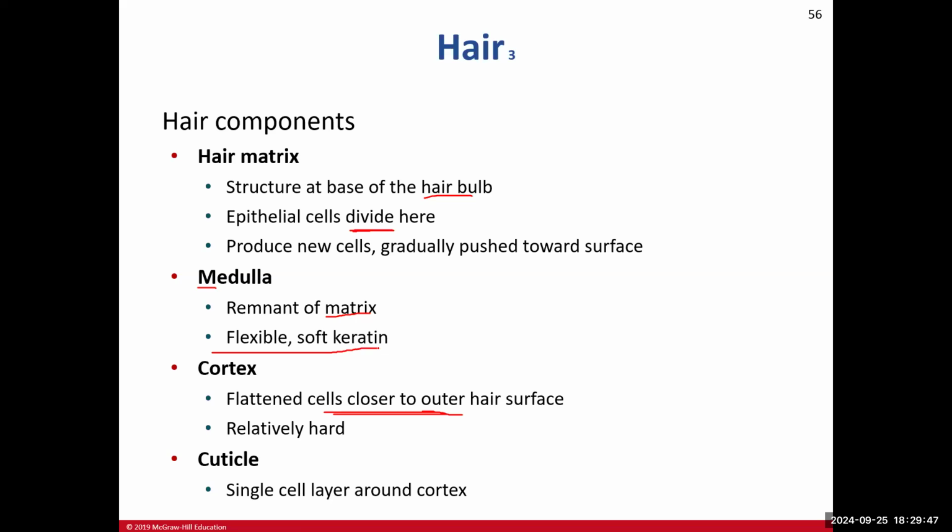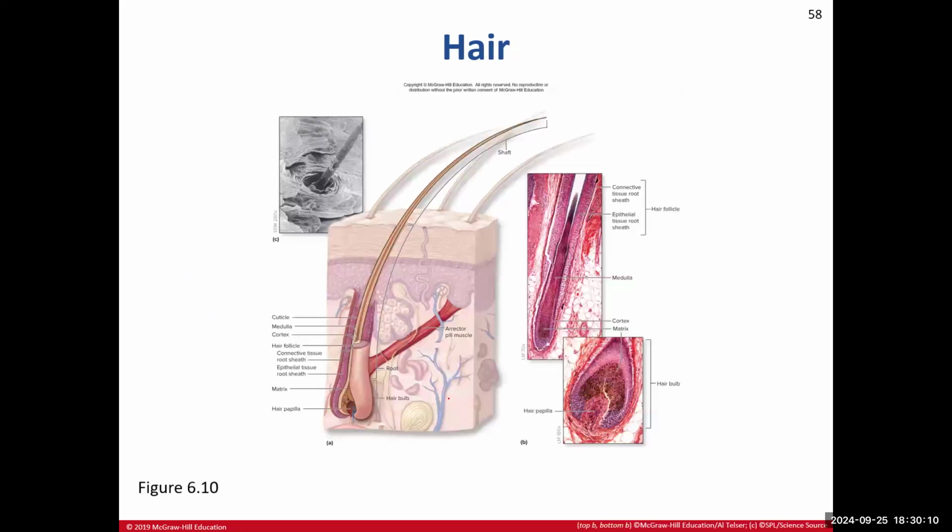The cells in the middle are soft and flexible, and the cells on the outside that surround the medulla are going to be hard, which gives our hair its structural support. The rigidity of your hair is due to the cortex and not to the medulla. Cortex is on the outside. So the tan part is the cortex, and the brown part in the center is the medulla.